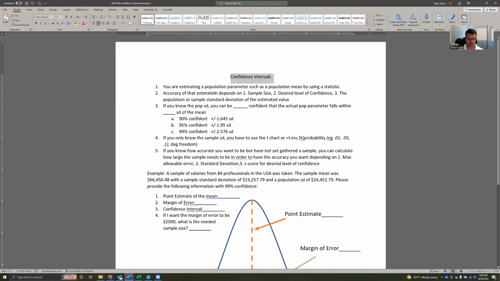You are estimating a population parameter, such as a population mean, by using a statistic. Technically you can estimate any population parameter, but in this course, really all that we're doing is estimating a population mean or a population proportion. You could also technically estimate a population standard deviation, or really any population parameter at all.